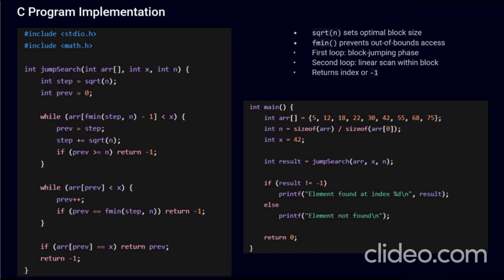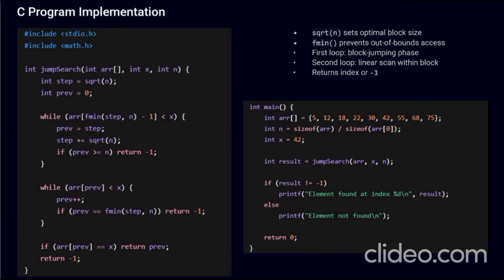The first while loop represents the jump phase. The algorithm checks the last element of each block using fmin to ensure the index remains within the array bounds. If the target element is larger than the current block's last element, the algorithm jumps to the next block. If the starting position exceeds the array size, the function returns -1, indicating that the element is not present.